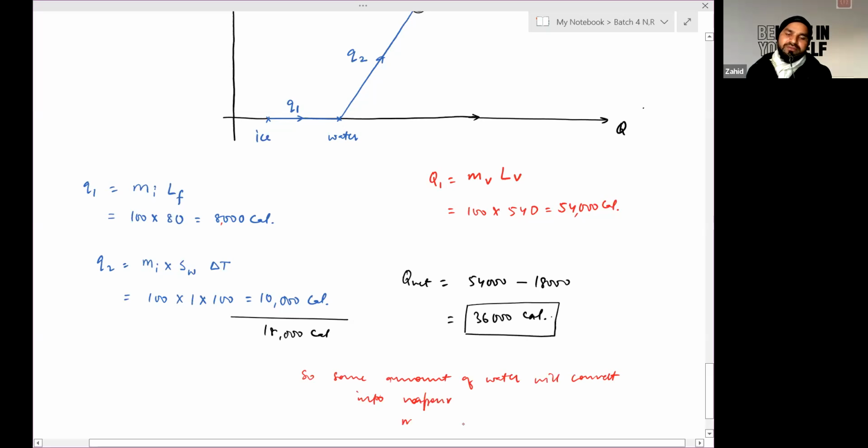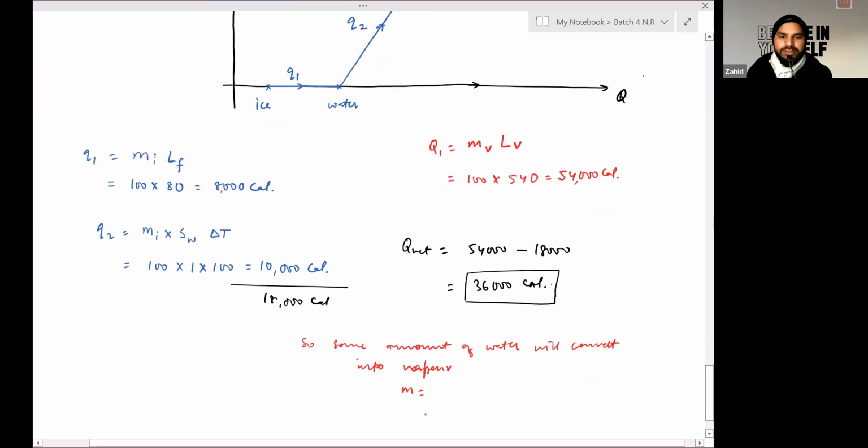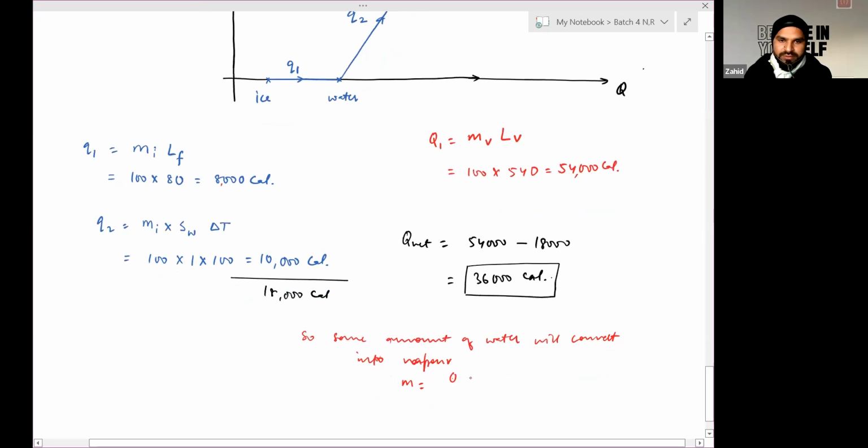So according to the formula, Q equals to M into LV. So M equals to net amount of heat energy divided by latent heat of vaporization constant. Net amount of heat energy we have is 36,000 calorie. Latent heat of vaporization constant is 540. So this zero will cancel out.